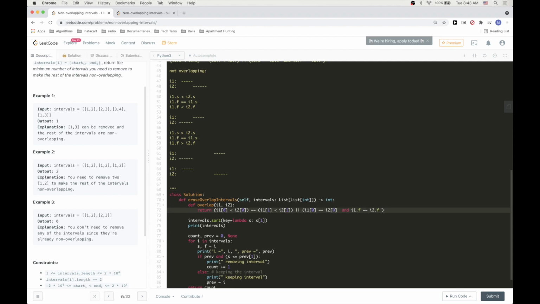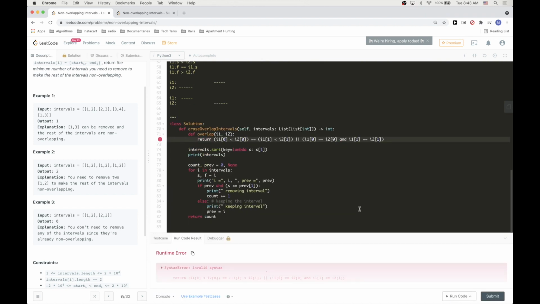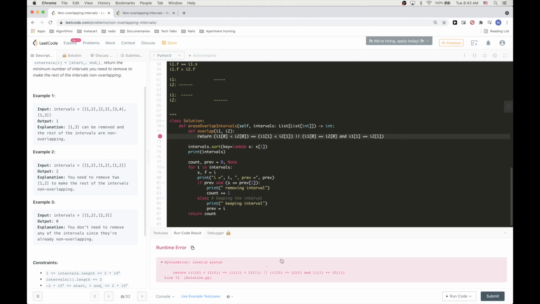Yep. And then 1. Yeah, we need to use that. So overlap. Yeah, this needs to be all.